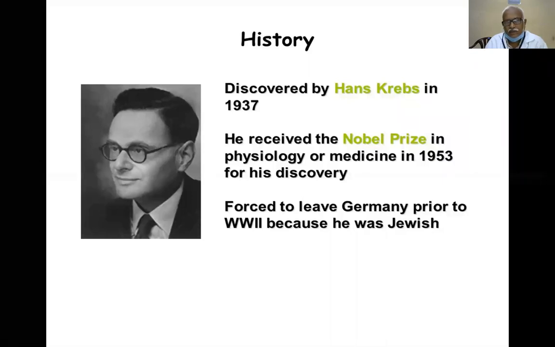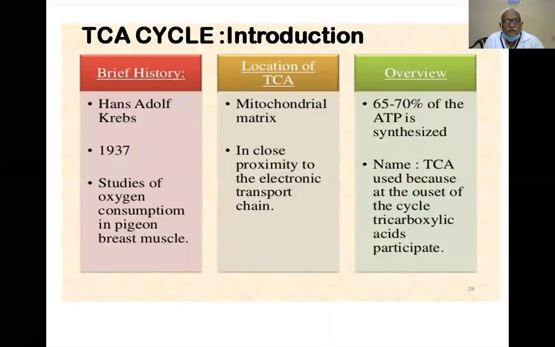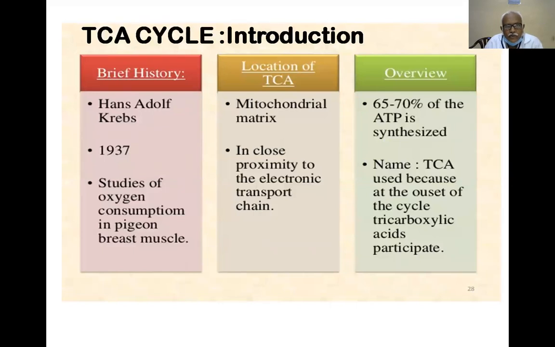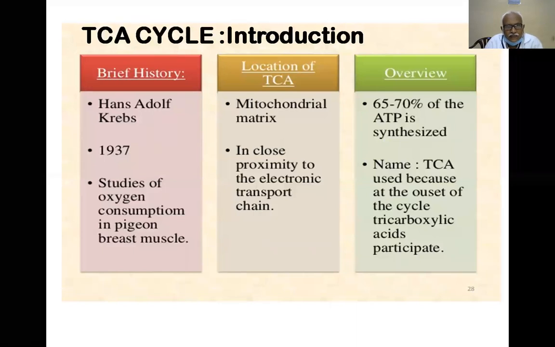The problem of Jewish and German is there. Hans Adolf Krebs studied oxygen consumption in pigeon breast muscle, and he did a lot of work on that pigeon breast muscle.